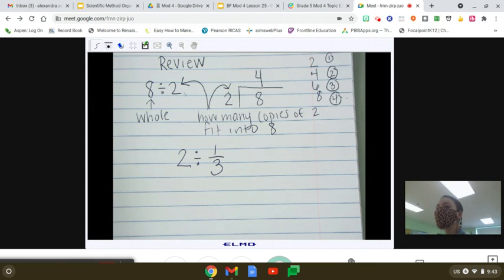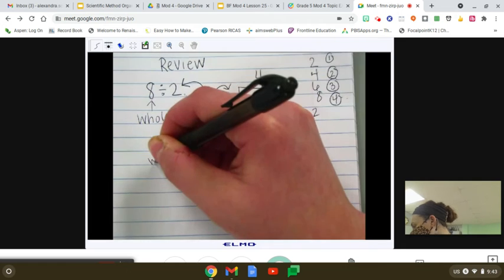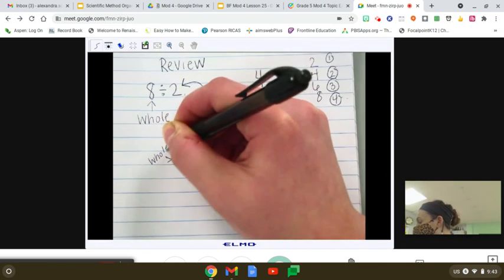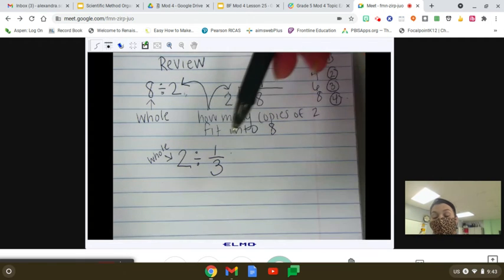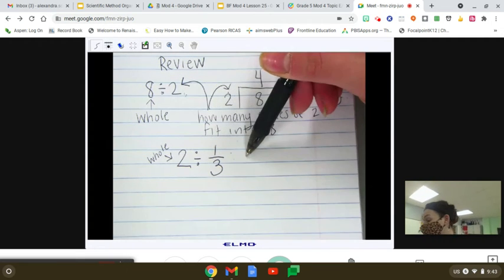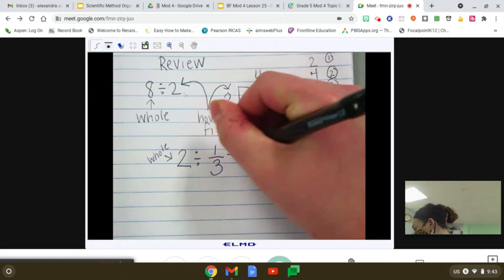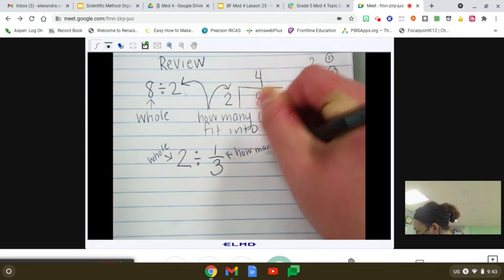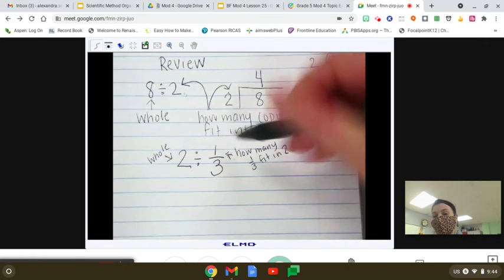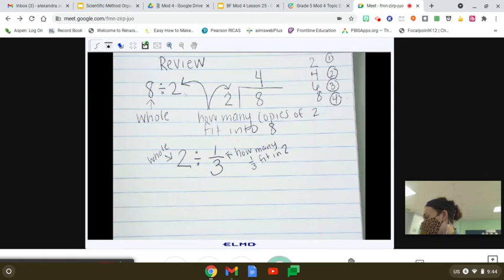So we're taking 2, which is our whole, and we're seeing how many 1/3 can fit in 2. Okay, our whole number, and then how many copies of 1/3 fit in 2.